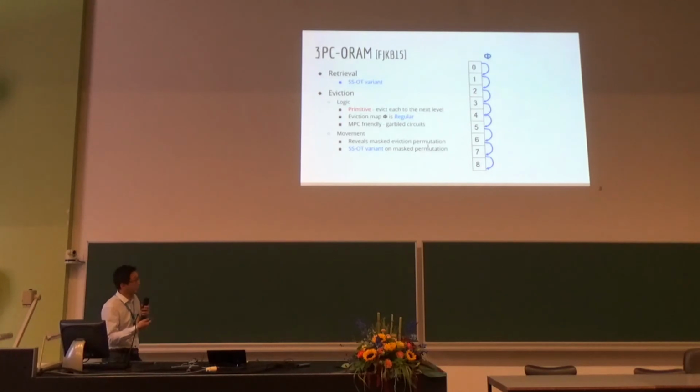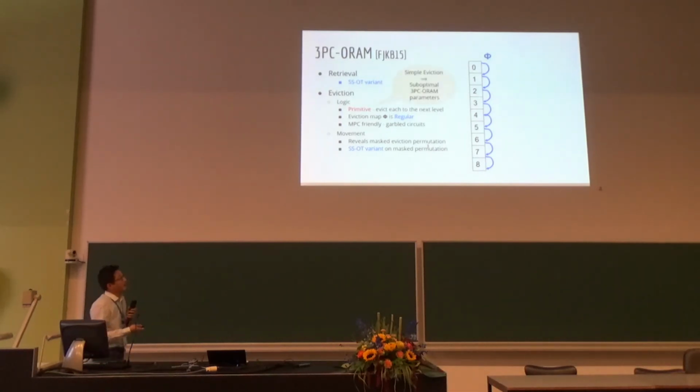So they can actually put some mask on this secret and generate a masked version of this eviction permutation, and reveal this whole masked eviction permutation to one of the three parties. And in such a way, later on, they can do three-party secret-shared oblivious transfer to actually move the data blocks according to their eviction mapping without using the garbled circuit, so no security parameter at all for this part as well.